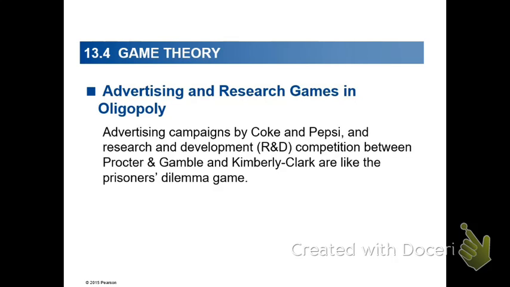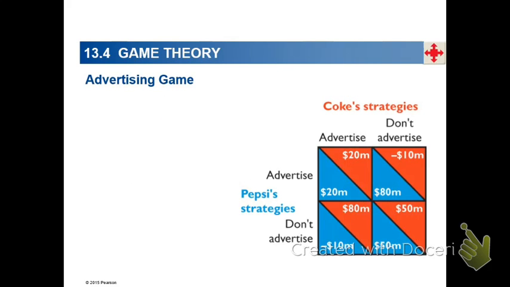Okay, you can look at the same kind of duopolistic game example in the context of advertisement and research, where there could be two firms like Coke and Pepsi, or Procter and Gamble and Kimberly-Clark, where how much they advertise really depends on how much their competitor is willing to advertise. And you can look at the game in the same flavor of the prisoner's dilemma game, where in terms of advertisement, the outcome of each of the strategies are given.